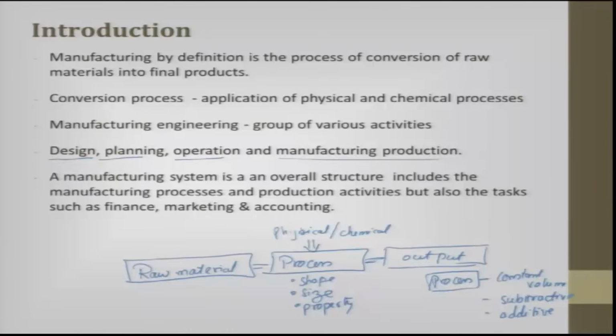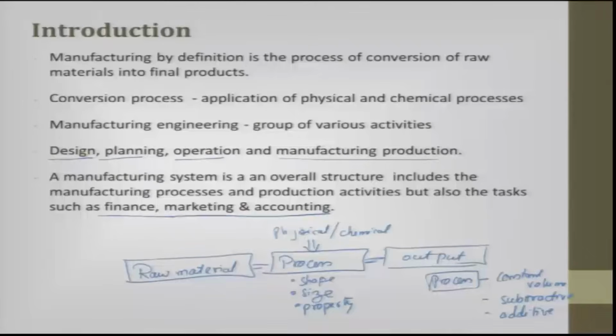The manufacturing system is an overall structure which includes not only manufacturing process and production activities, but also the tasks of finance, marketing and accounting. Today I have a wonderful product and a good set of customers for it, but if I do not have the finance to improve the product or to produce it in mass such that the economics goes down, then I am in trouble.